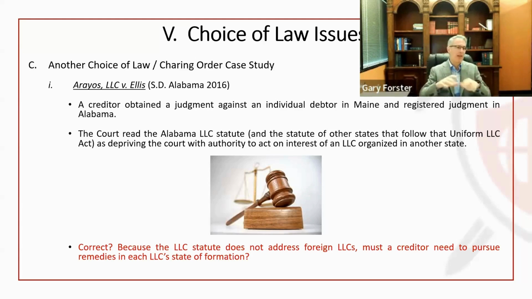The reality is that the Alabama court could hear law based in both Maine and Delaware and make a determination in an Alabama venue. But the court said, no, that's a Delaware LLC, and I am not going to rule on a Delaware LLC, and would not collect against that Delaware LLC. So an extremely debtor-friendly outcome.